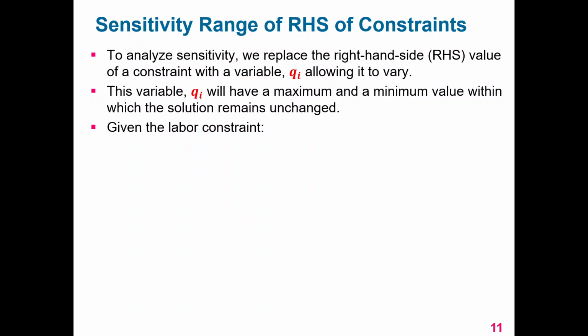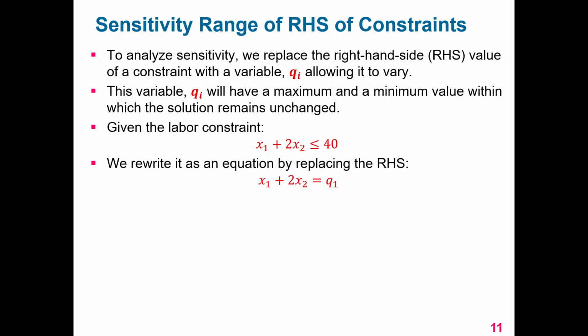We have the labor constraint x1 plus 2x2 less than or equal to 40. We will replace the 40, so x1 plus 2x2 equals q1. Q is the sensitivity range of the constraint, and this q1 will have a maximum value and a minimum value.